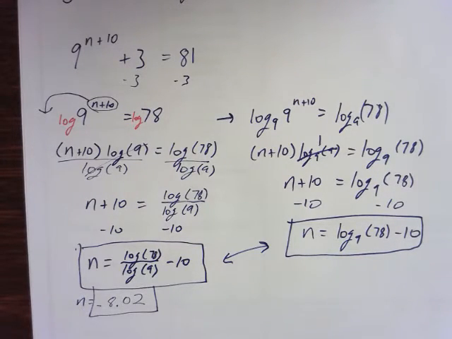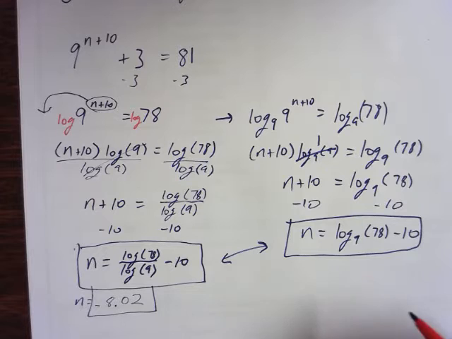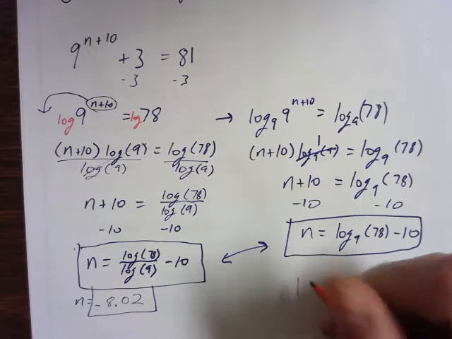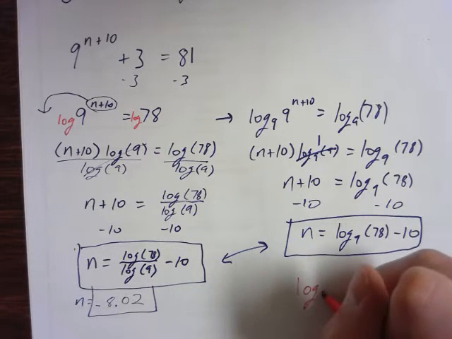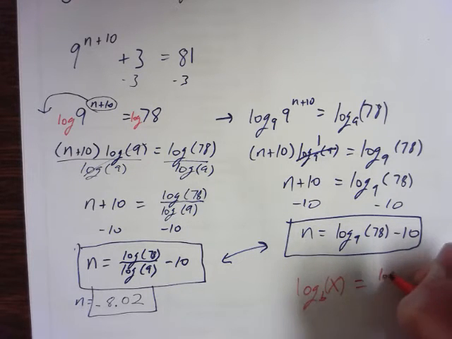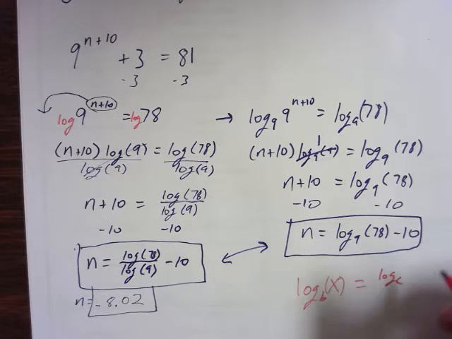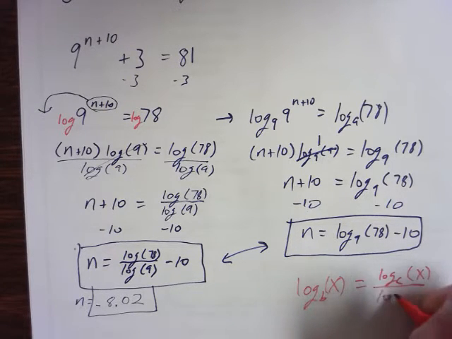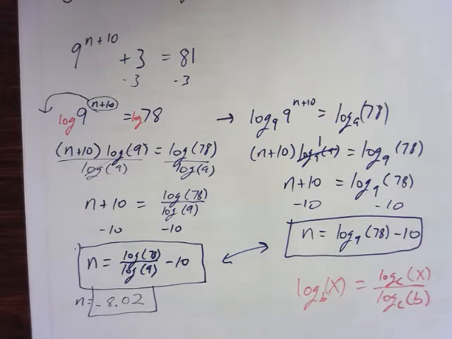Now, the reason that these do look a little bit different is if we remember our properties, right? I still do have the property of change of base, which said that log of some base b of x is the same thing as log of some new base, we'll say c, of x over log of c of b.